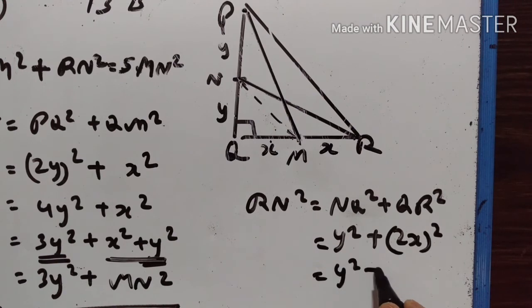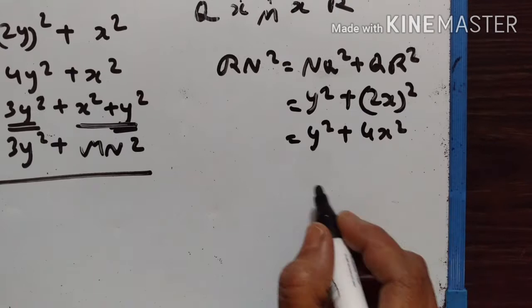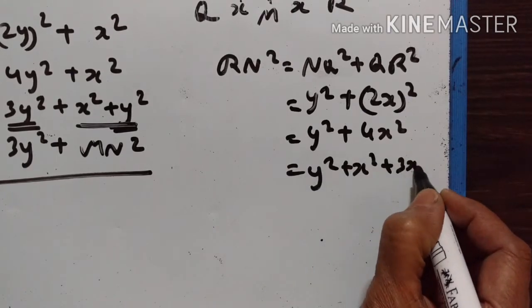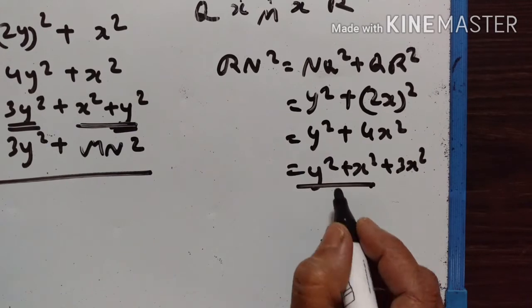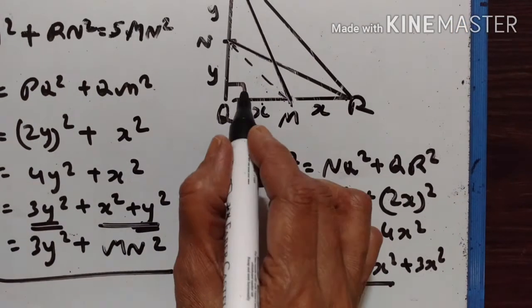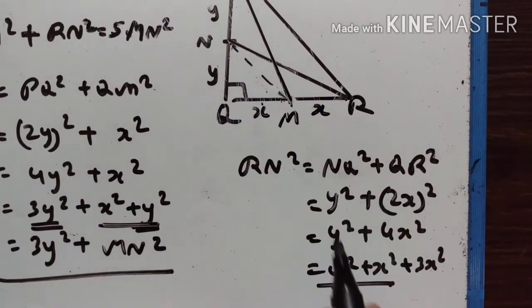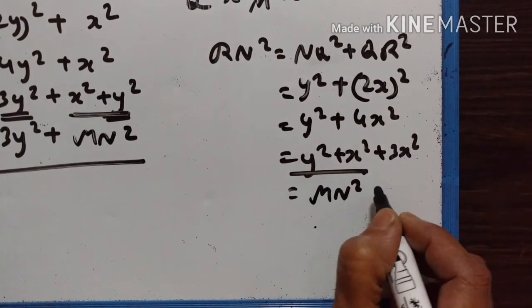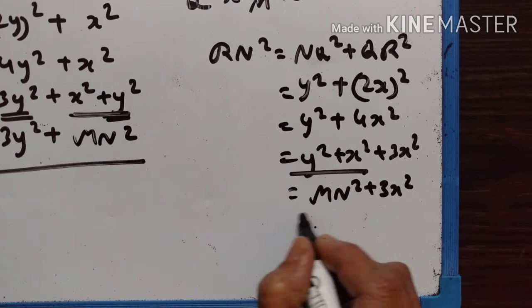So y square plus 4x square. Let us split it: y square plus x square plus 3x square. This is equal to what? X square plus y square, which is equal to MN square. Is equal to MN square plus 3x square.